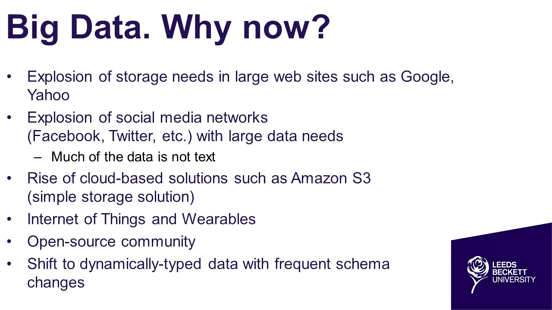The final bullet point says there is a shift to dynamically typed data with frequent schema changes. Now look at this, right? Frequent schema changes are not the norm in traditional databases. Traditional databases had some sort of consistency to it. It had a structure. The traditional databases knew what the schema and the data structure were going to be.